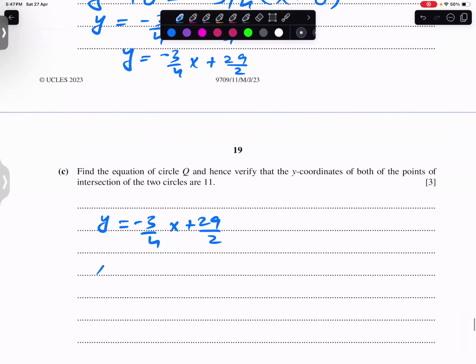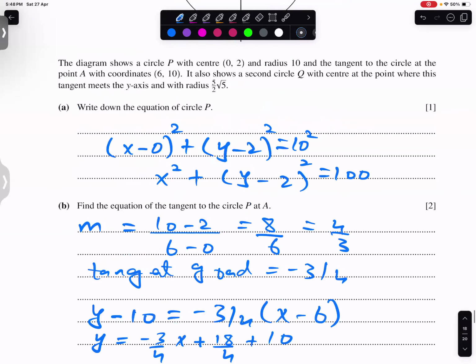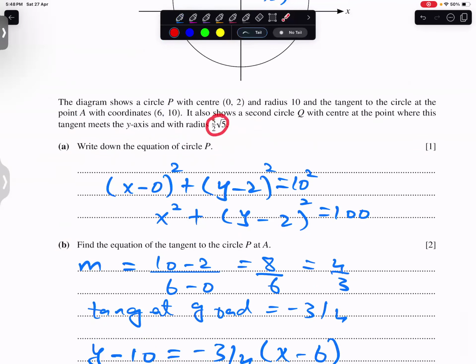If you put x equal to 0, you will definitely get y equal to 29 over 2. So the center of the smaller circle is 0, 29 over 2. Clear, Ahmed? Okay. And also the radius of the smaller circle is given. This is the radius of small circle Q.